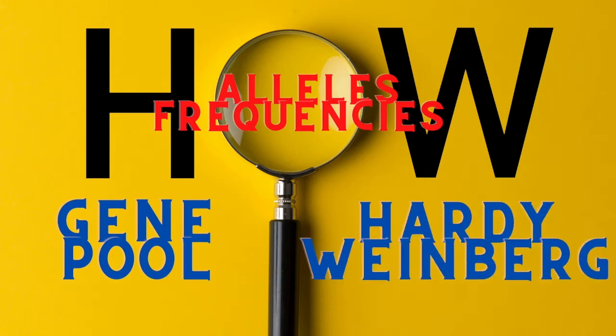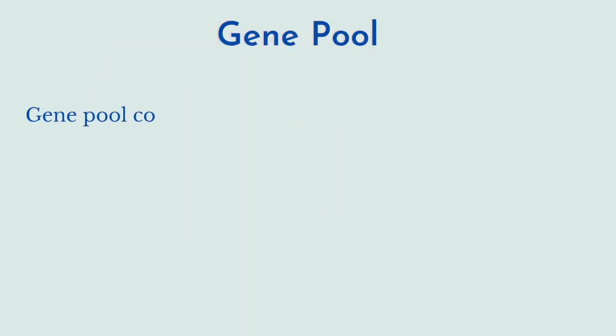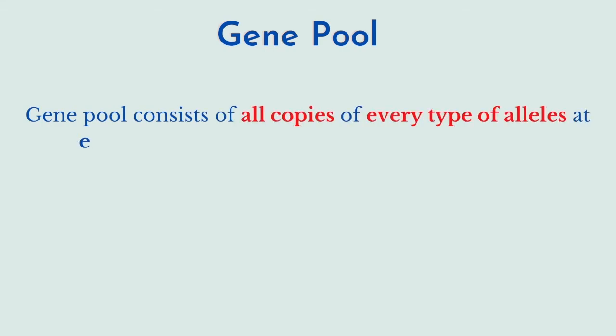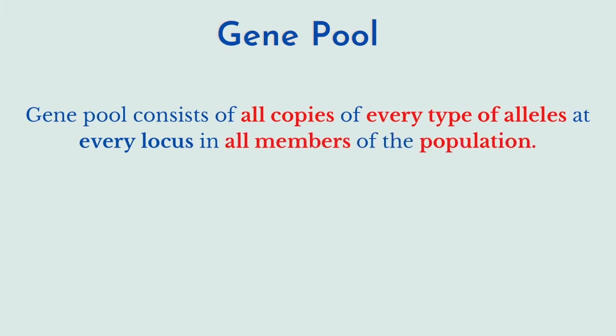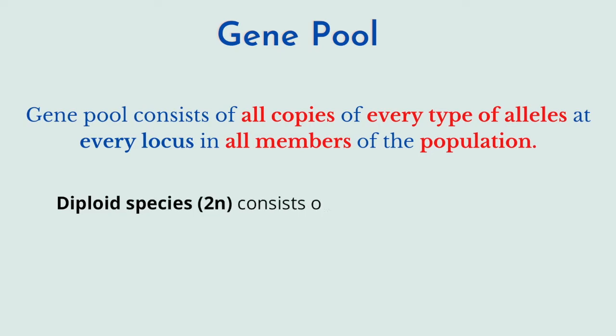First, let's discuss the gene pool. The gene pool consists of all copies of every type of allele at every locus in all members of the population. Diploid organisms, for example, have 2 alleles for every gene.